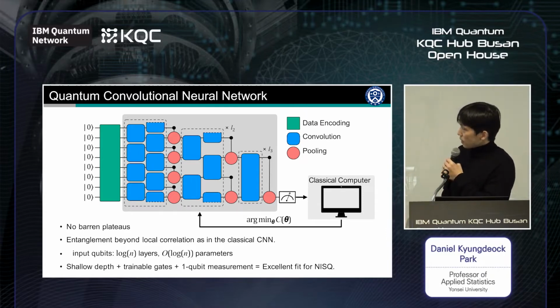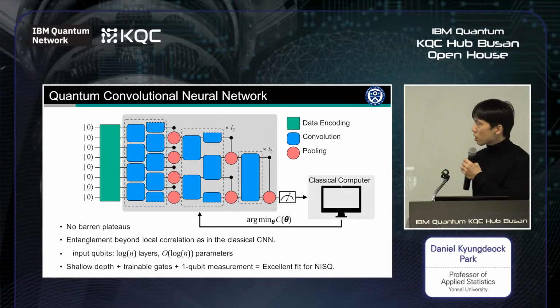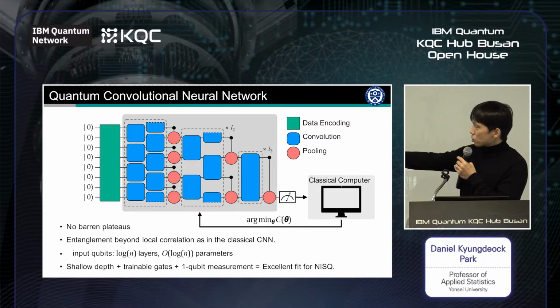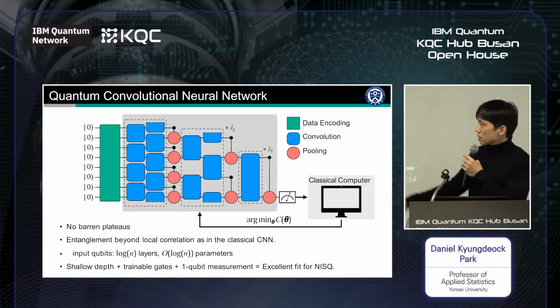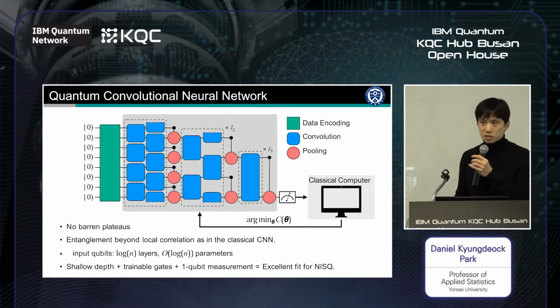Okay, and such a structure is very interesting. First of all, as I said, there's no Barren plateau effect if we exploit such a structure. And what's also interesting is that the number of model parameters that we need to optimize scales logarithmically with the number of input qubits.